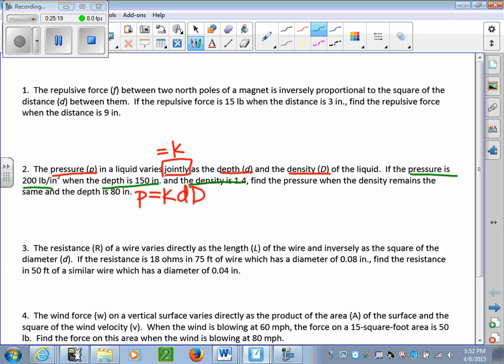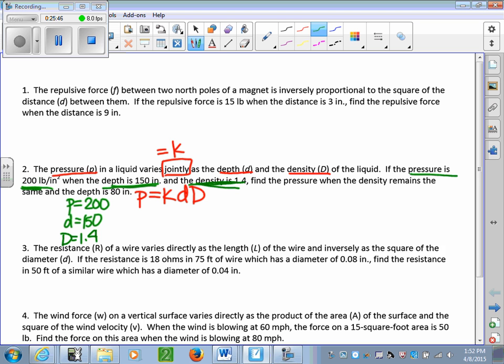Then it says find something. We're going to stop there and solve for K. We now have everything we need. They've given me P equals 200, little d, depth, which equals 150, and big D, density, of 1.4.